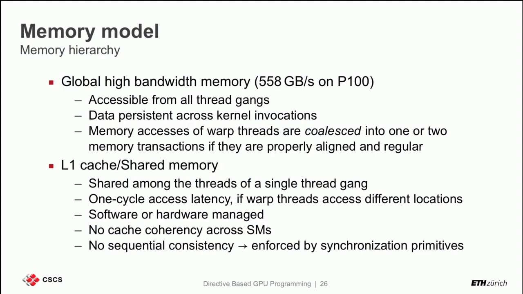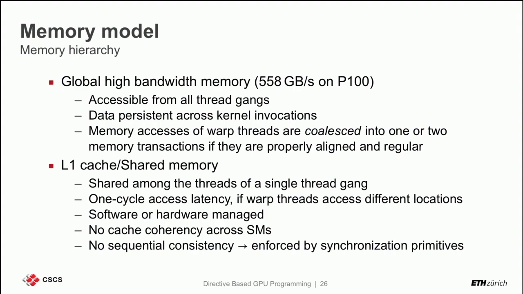Because as you remember, this is part of the SM, and since a block can only run on a single SM, it cannot view the shared memory of other SMs. Now, it is quite fast, so ideally it has a one cycle access if there are no so-called bank conflicts. So the threads of a warp should access different locations of the shared memory.